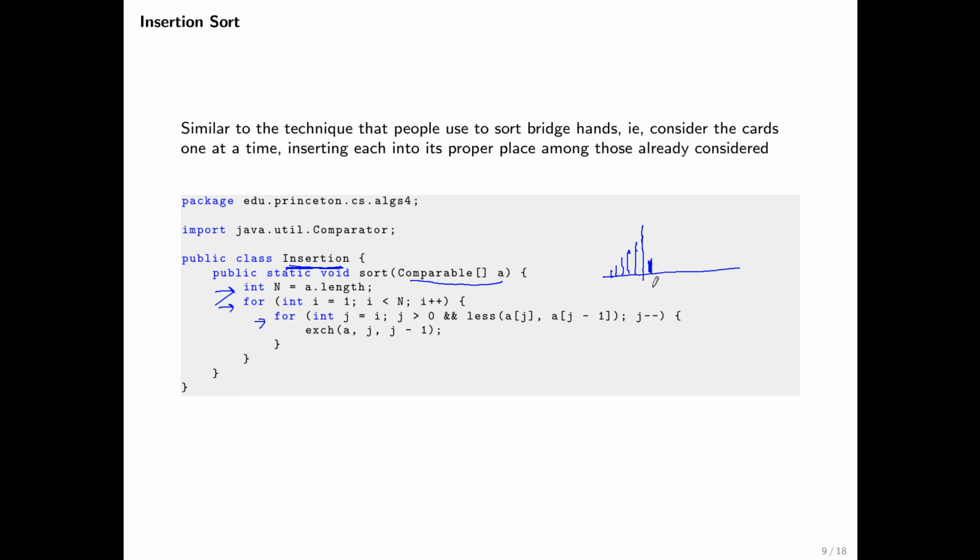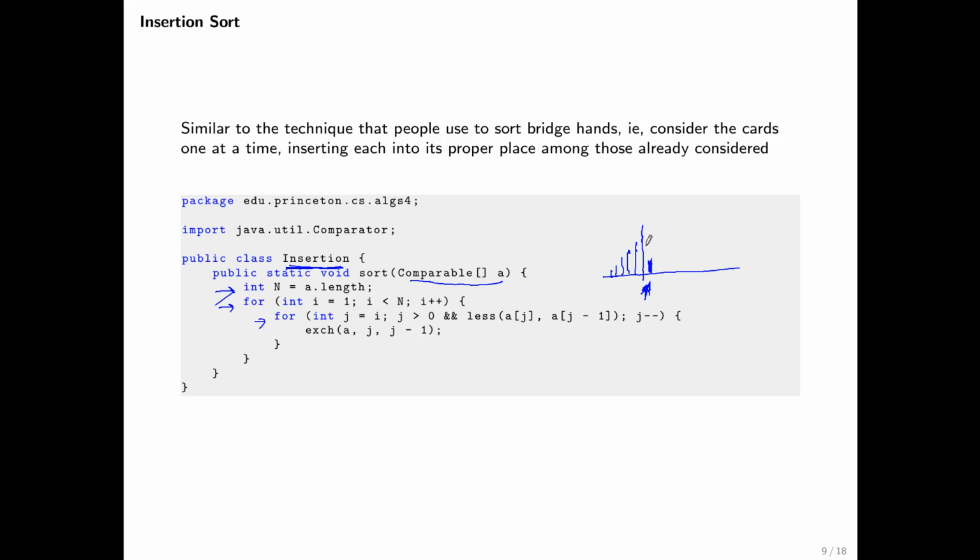Well, at this stage, i is going to point to this guy here, and j simply starts at i, so j is also going to point to that fellow. And then what we check is j greater than 0? Well, it surely is greater than 0. Is a at j less than a at j minus 1?